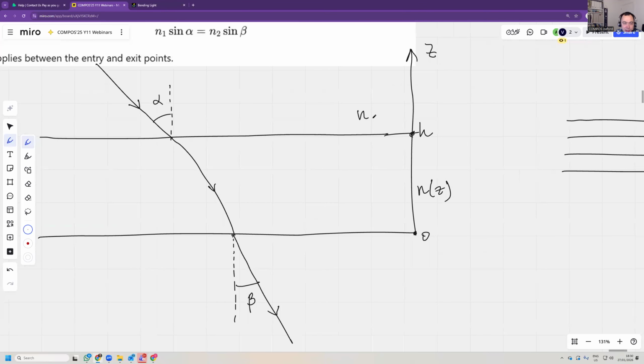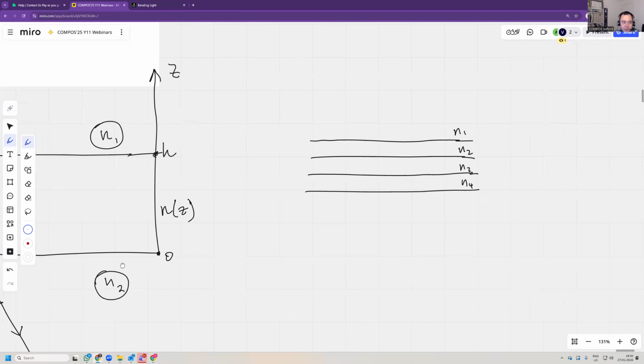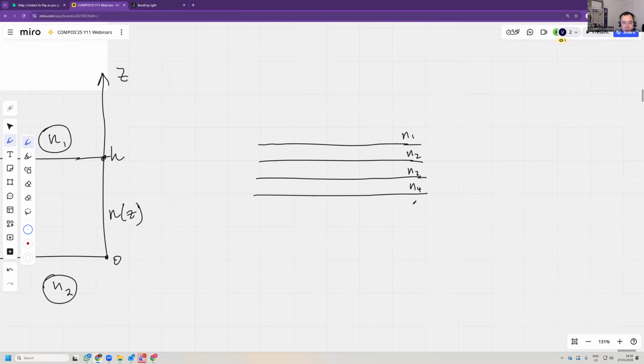So this medium is N1, this medium is N2, and the refractive index inside changes continuously, from N1 to N2 and N5.